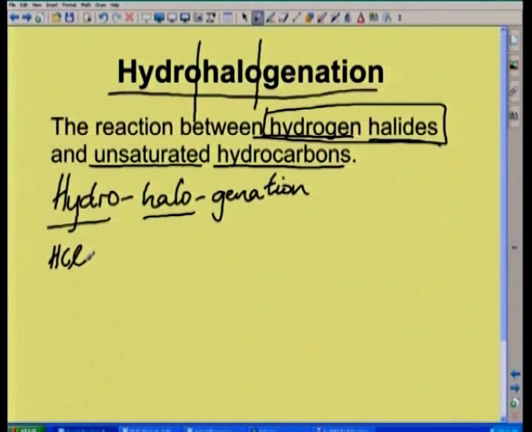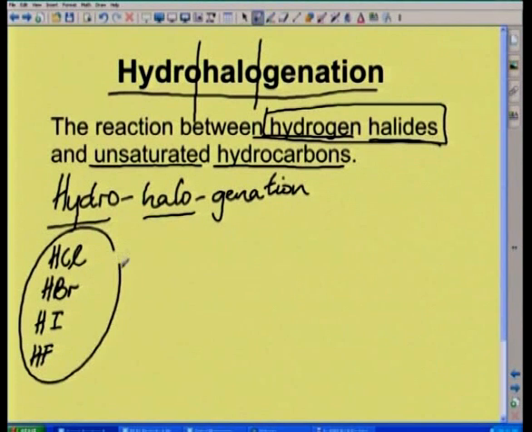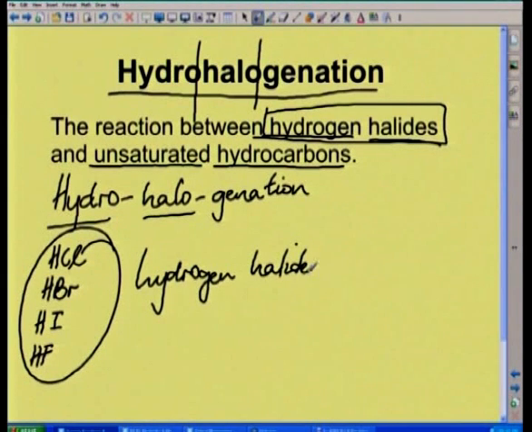It's a hydrogen chloride, so it's a hydrogen halide. We can have hydrogen bromide, hydrogen iodide, hydrogen fluoride. All these are hydrogen halides. Okay, so this is what we mean by hydrogen halides.